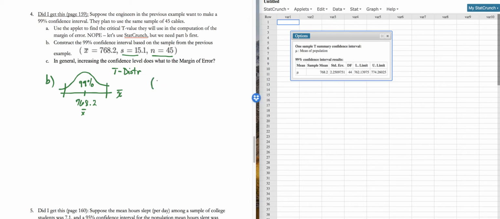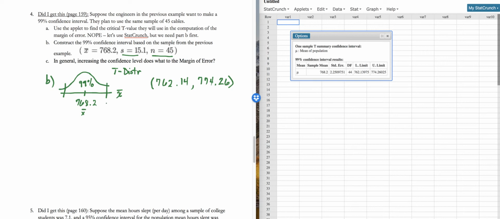So let's round off to two decimal places, 762.14 up to 774.26. Okay, now from this, we will be able to go back and find this t-value that they're looking for.